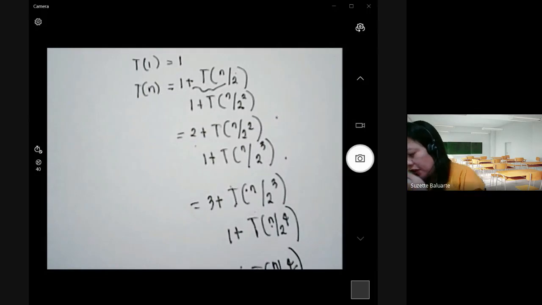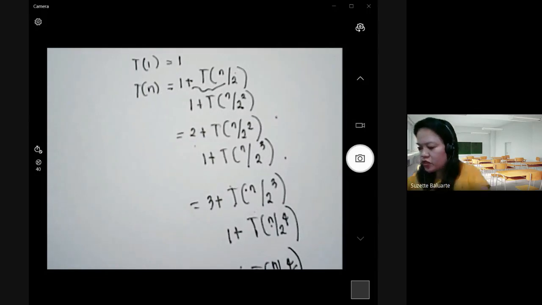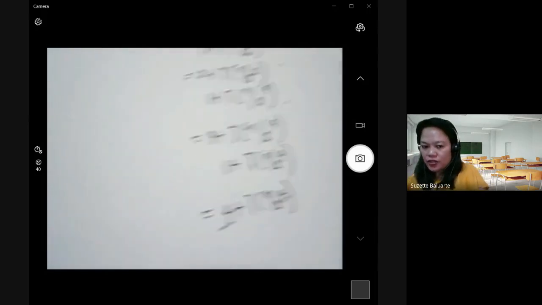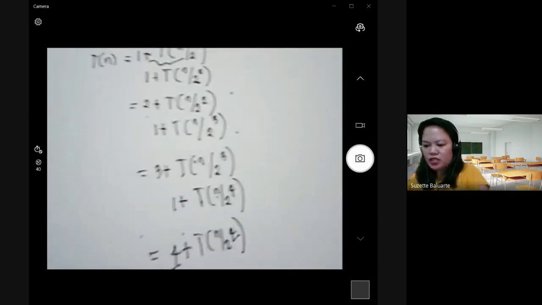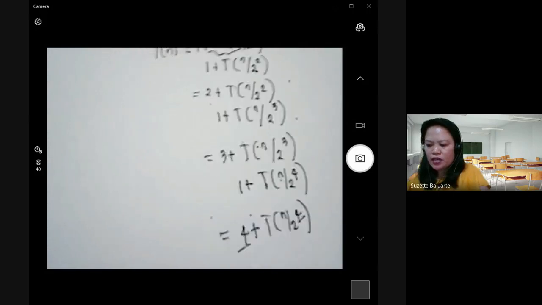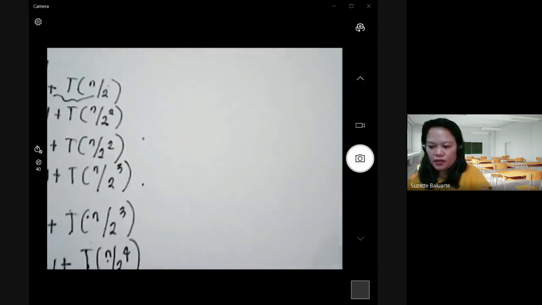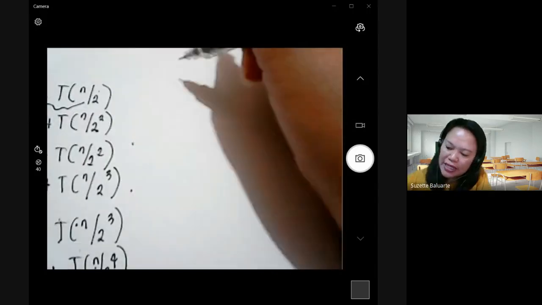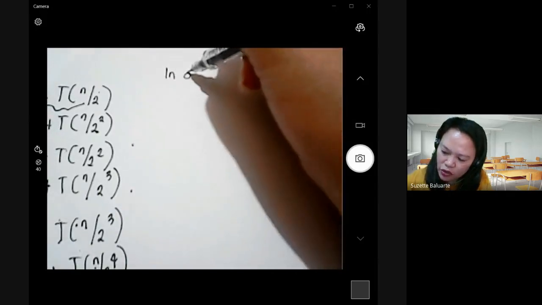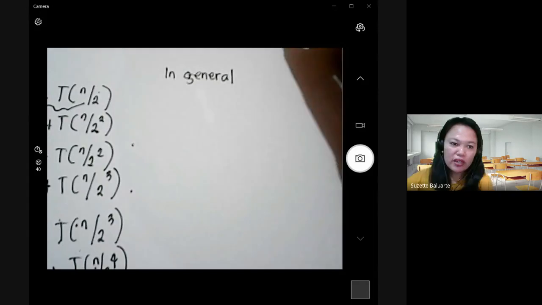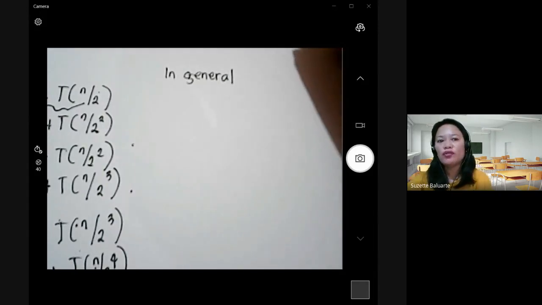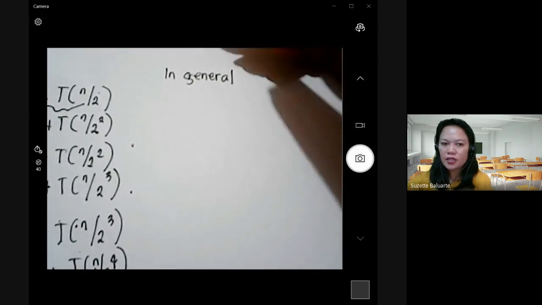No, na siya pattern. Anyway, you can review man this one later on. So you will say in general, kuyog na si general ha. Katong summation of I to n where I is equals 0, no?